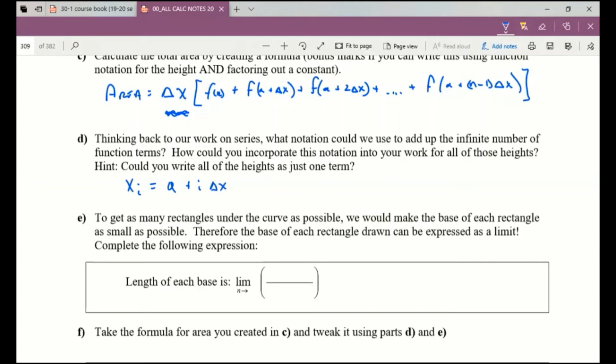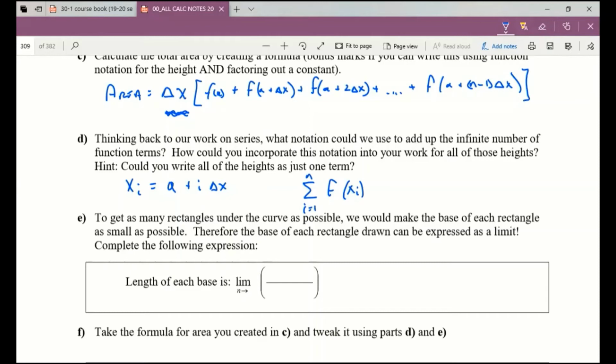So that's going to represent each of the x values. So each of the heights ends up being f of each of those terms, which is f of x sub I. I is going to go from 1 to n. So that's the summation of the heights.